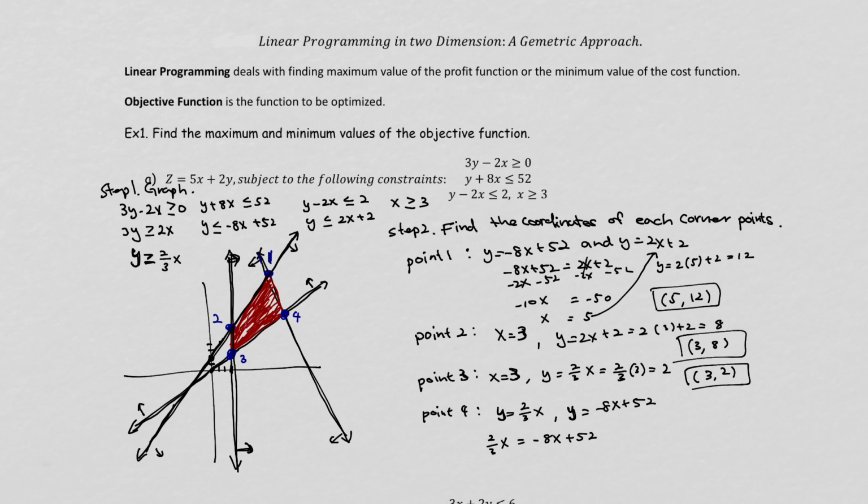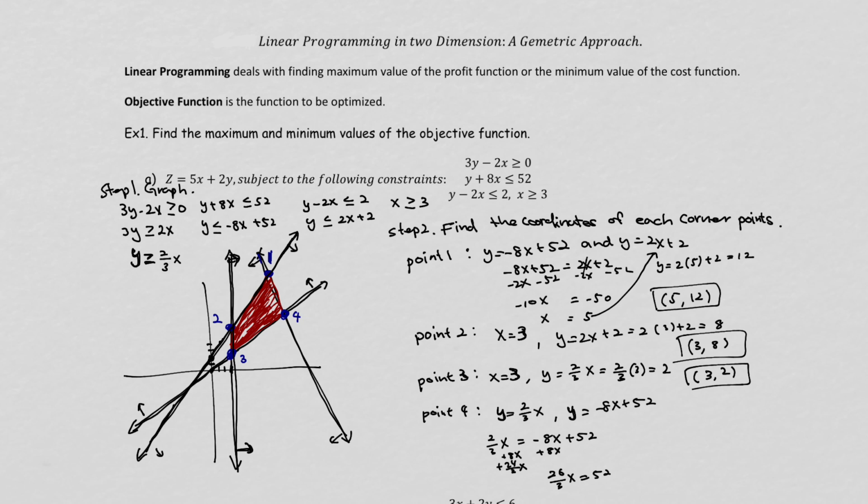You're going to move negative 8x to the other side, which gives you negative 8x become 24 over 3, right? So this is the same as adding 24 over 3x. That gives me 26 over 3x equals 52.